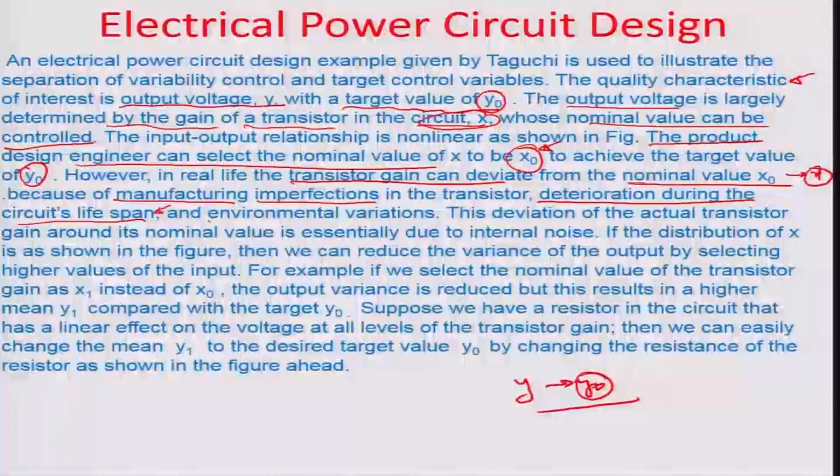You may also have variations related to temperatures at which these circuits are operated. Not every transistor circuit is set to operate at a constant temperature. So, there is going to be a certain amount of deviation on the gain value x, and because of that there is also going to be a change in the output voltage, and so there is a question of variability. So, how much away from y0 is y, at what level of gain x from x0, which is the target level.